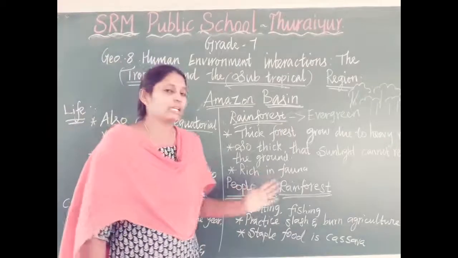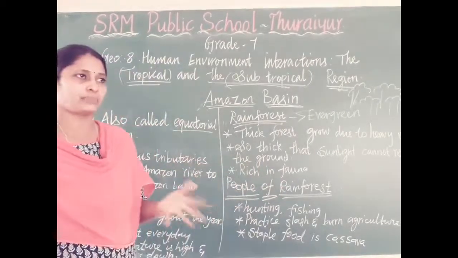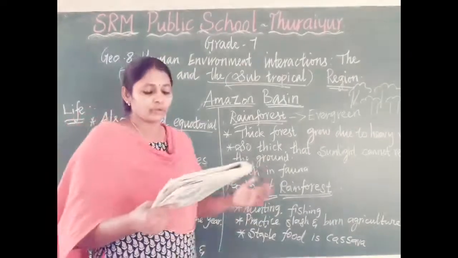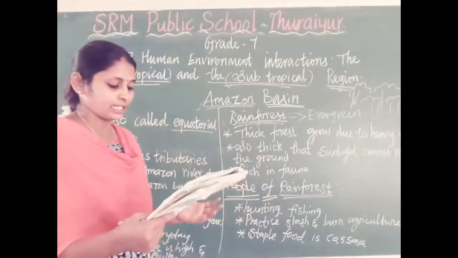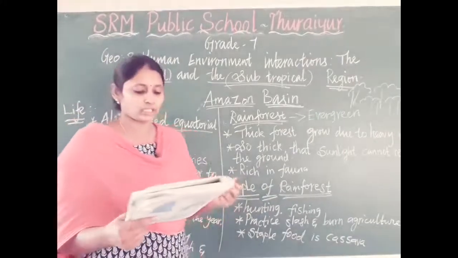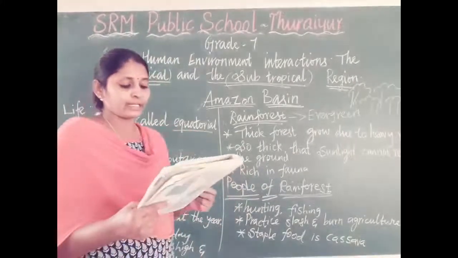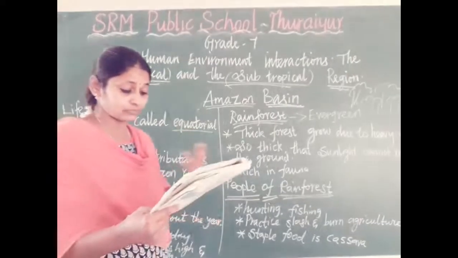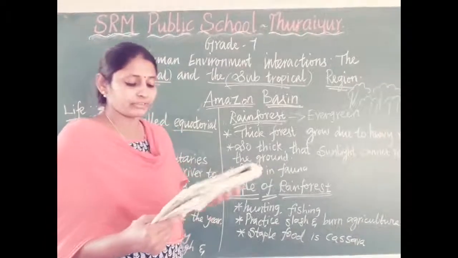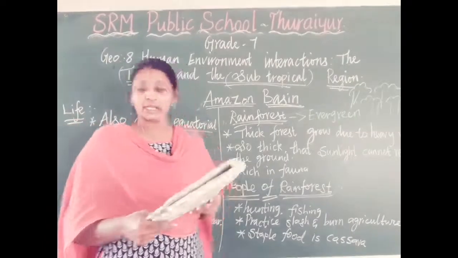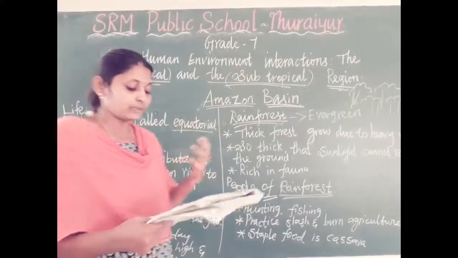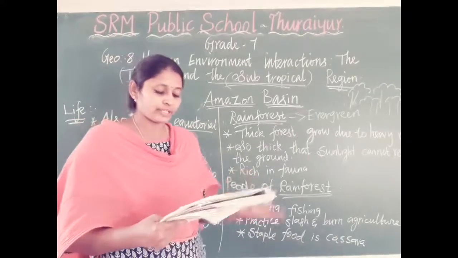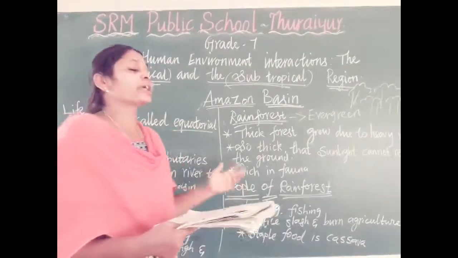And then we can see a lot of flora and fauna. Flora means plants and fauna means animals. A variety of fauna can be found in the Amazon forest. Particularly birds like orchid, some birds, flamingos, different birds we can see, and animals like monkeys, ant-eating tigers, a variety of species found in the Amazon basin.